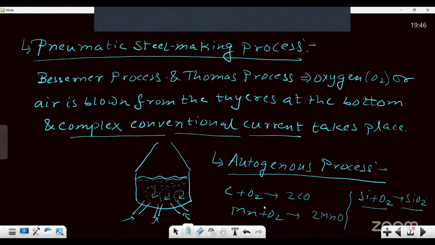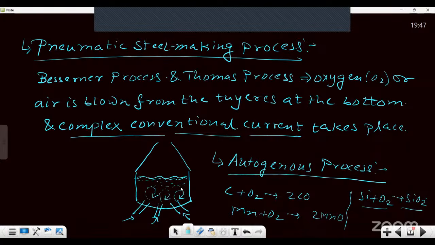All these reactions are exothermic reactions. Oxidation reactions are exothermic, meaning they give up a lot of heat. Because I am directly blowing oxygen or air inside the converter, these oxidation reactions take place at a comparatively faster rate, because oxygen is directly available for the reaction.